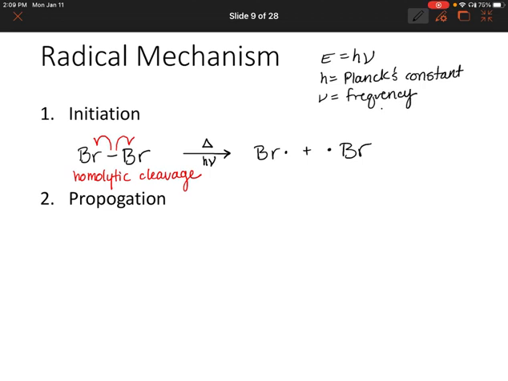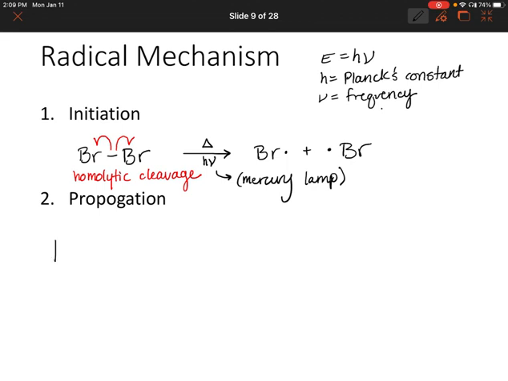And usually we shine a mercury lamp onto our reaction medium in order to get it to work. So the light is coming from a mercury lamp. So really you just need UV light. All right, and then once we have our bromine radicals, we can go on to the next step.